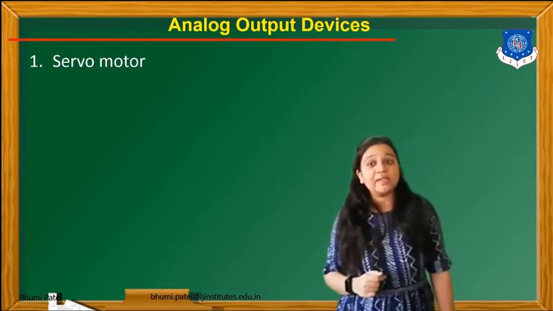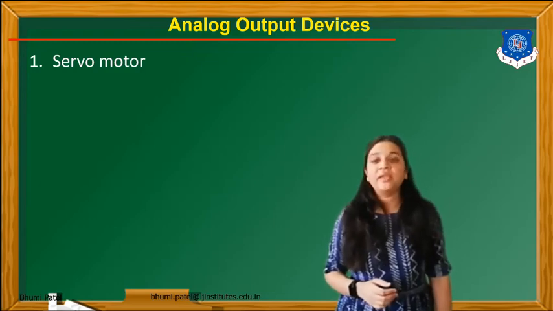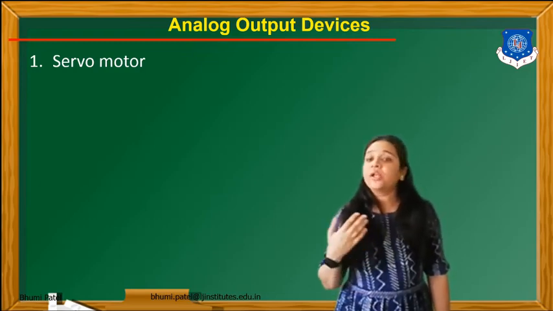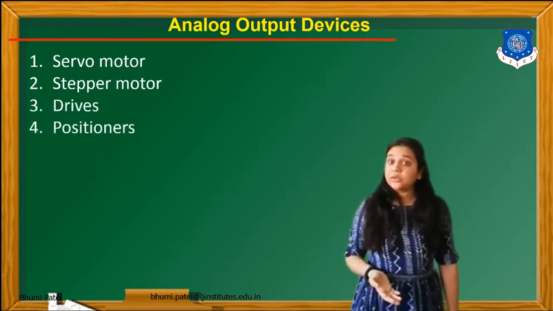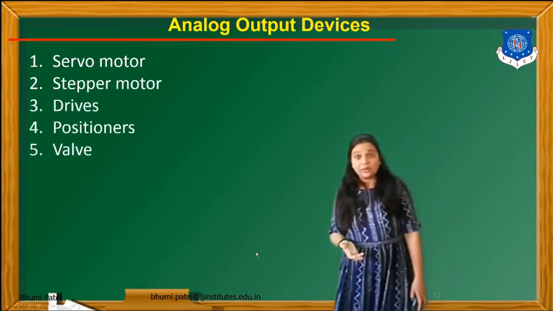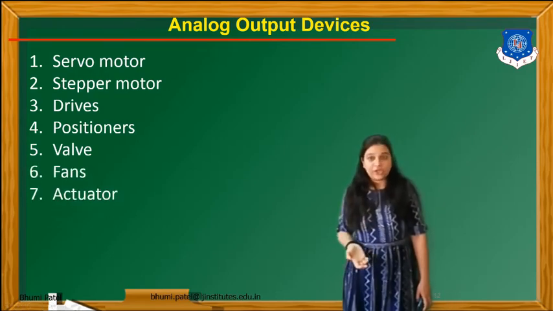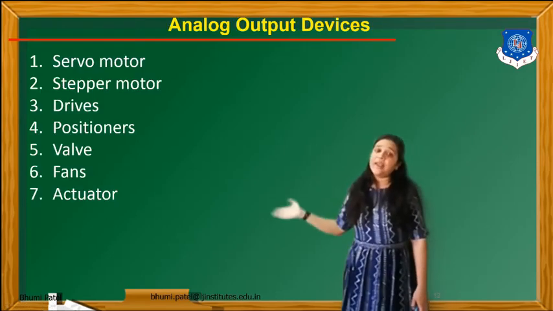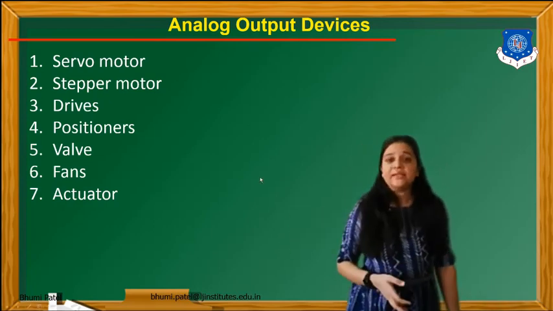Now what are the analog output devices that we have to connect with the hardware? If we have to run a servo motor, stepper motor, drives, different types of positioners, different types of valves, fans, actuators, these are all analog output devices that we have to connect with the PLC hardware.